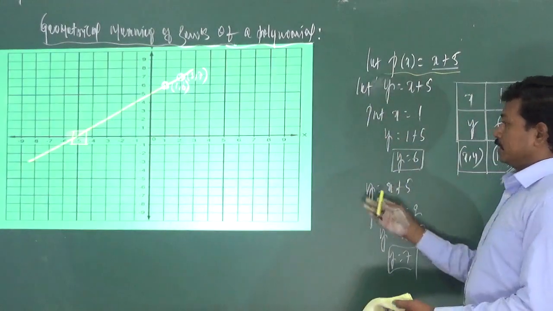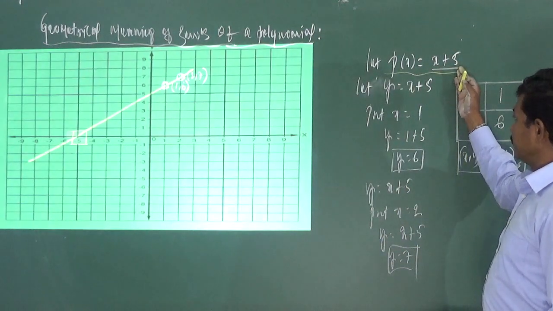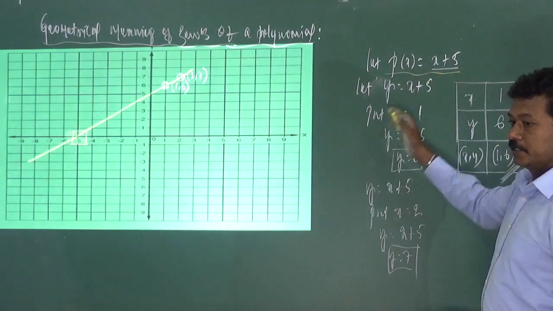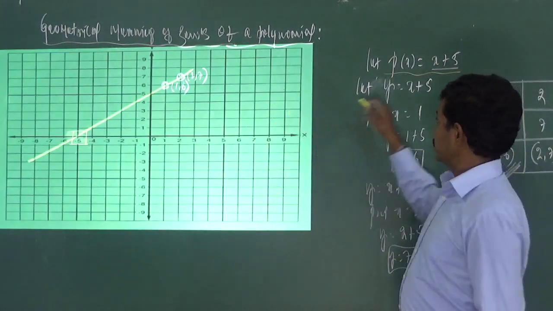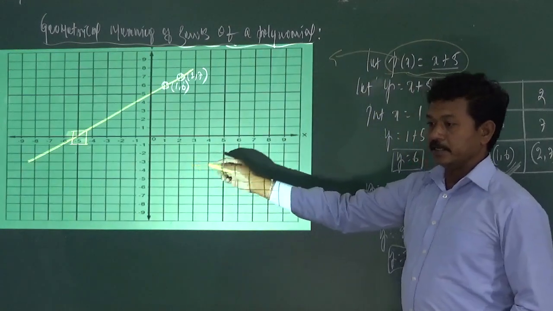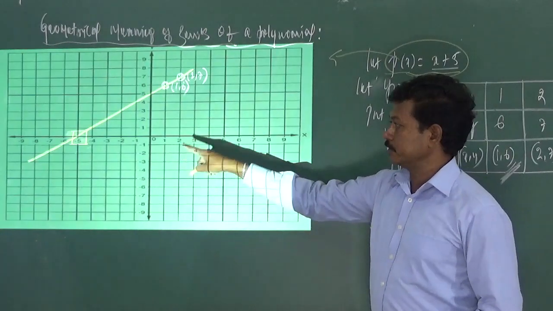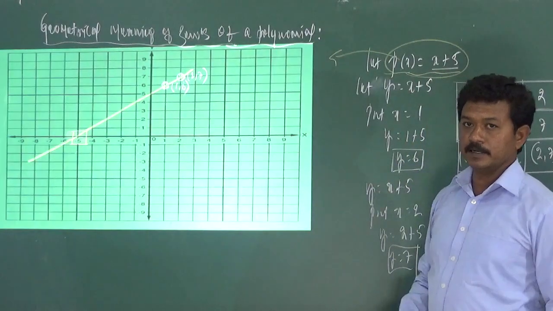So in the last example, p of x is x plus 5, the 0 of the polynomial is -5. When we draw a graph of this, we get a straight line, and that straight line intersects the x-axis at -5, which shows the 0 of that polynomial.